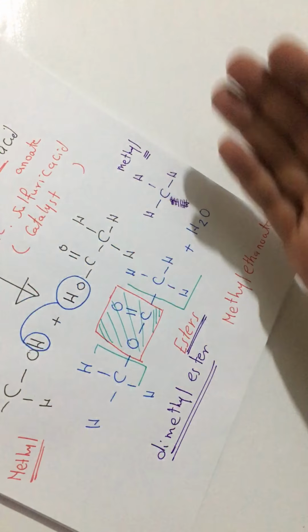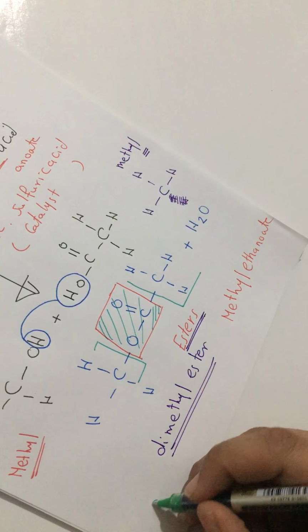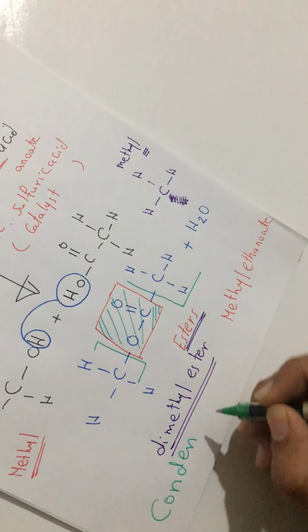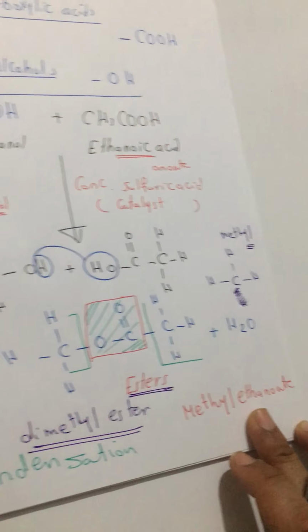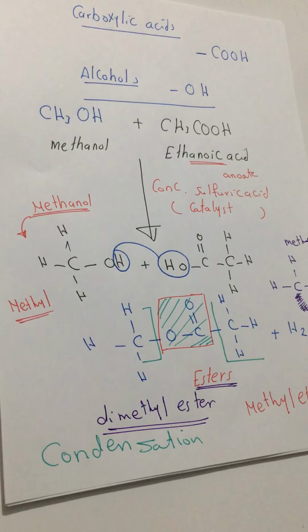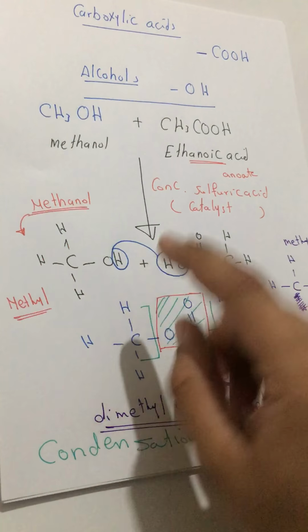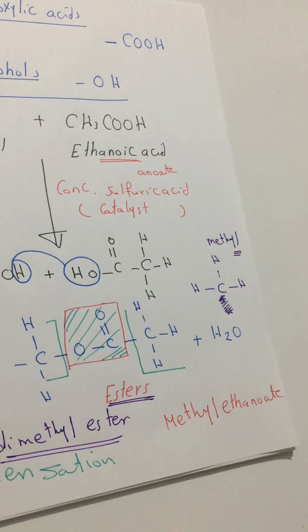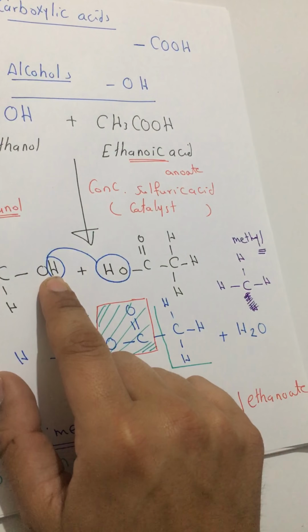And this whole process has a name: we call it the condensation process. When I mention the term condensation in chemistry, I mean I'm going to join two compounds together by removal of water. I'm going to take OH from this compound and one H from the other compound to form water.